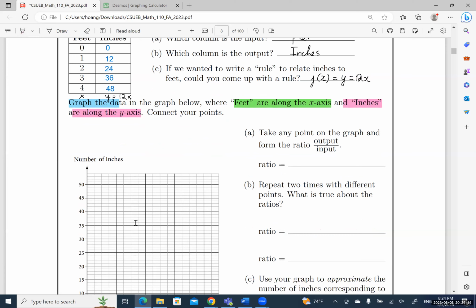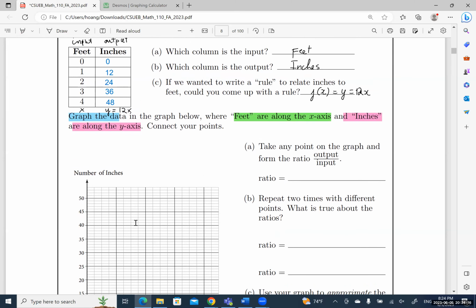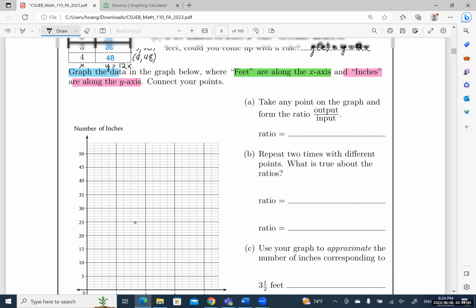Using the table above, let's write those points as coordinates. Let me write it for you. So (0, 0) is 1 point, right? Then (1, 12), and then (2, 24), right? And (3, 36), and (4, 48).